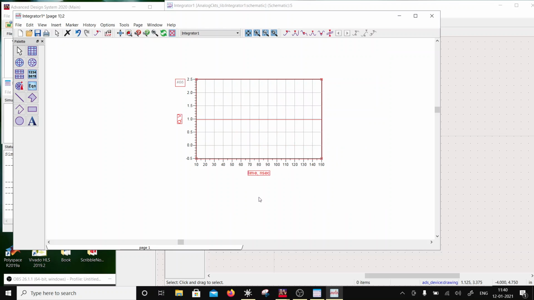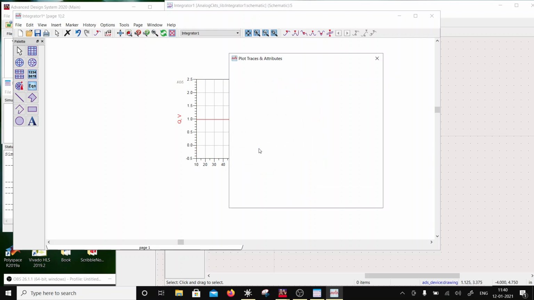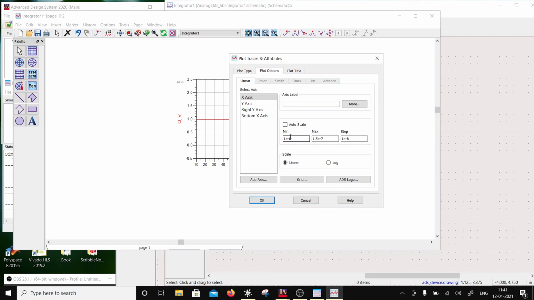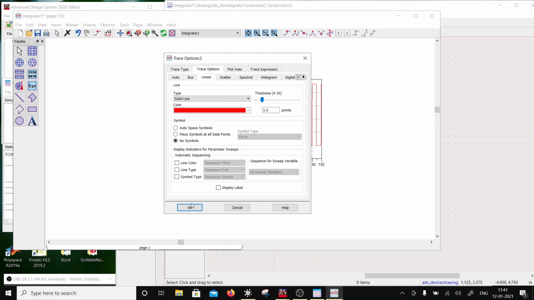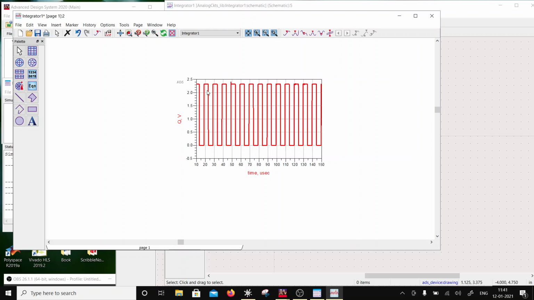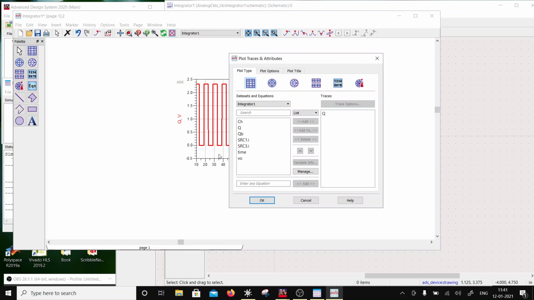What happened here? Oh, not nano, micro, sorry. So 10 microseconds to 150 microseconds, in steps of 10 microseconds. Okay, so now that makes sense. This is our output square wave. Later we can zoom in if we want more, and then let's look at what happened to VO.